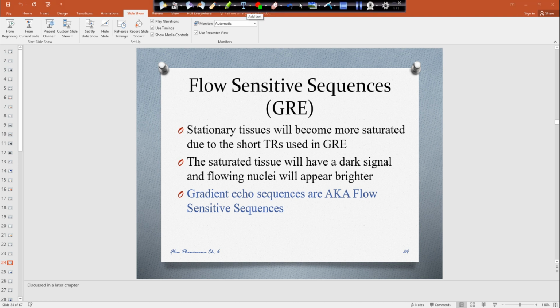So let's put that on here. Stationary tissue beaten down by repeated RF pulses. This equates to saturation, and this gives our just basically zero signal. I'll just put a 0, so I'm running out of space.